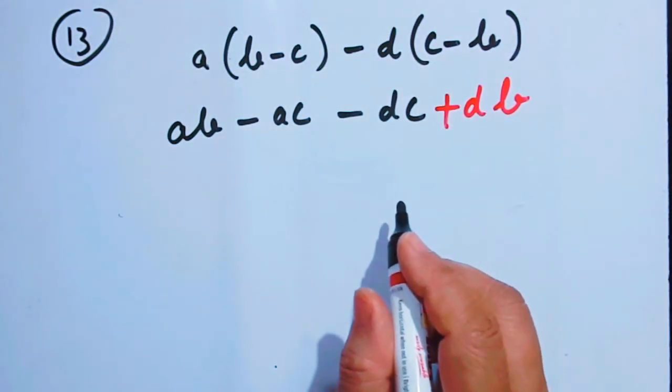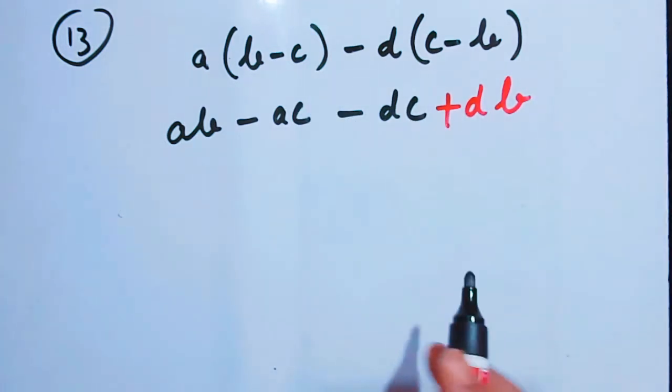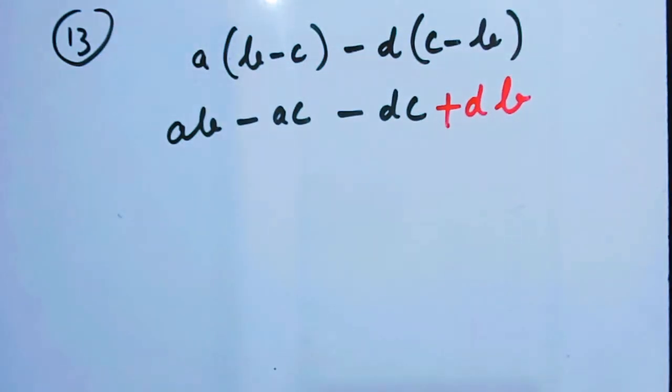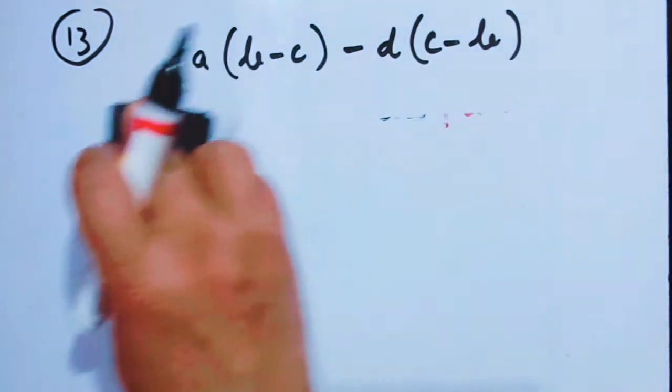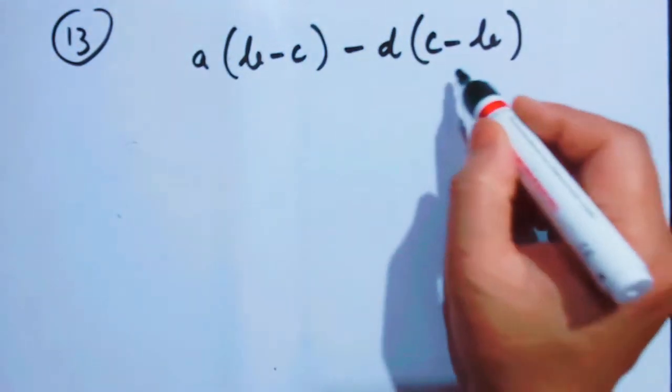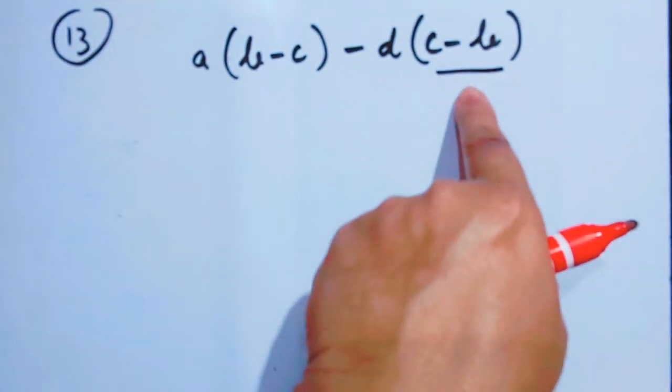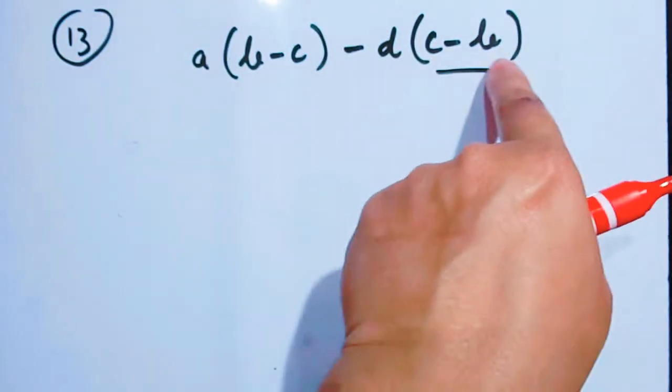Now let us see how we are going to do this. I hope I am not going in the wrong direction. Why? Because I find that here c minus b is there. And I can easily convert this into b minus c.